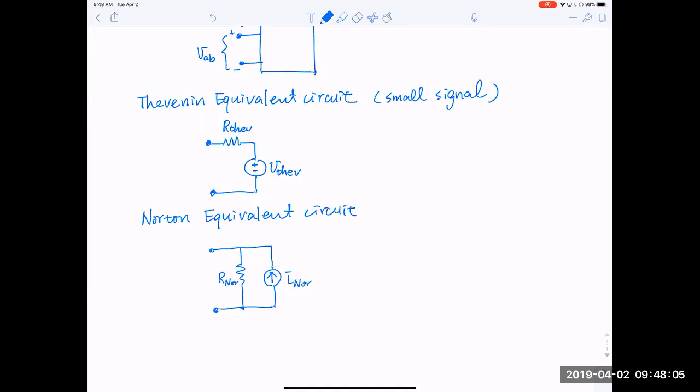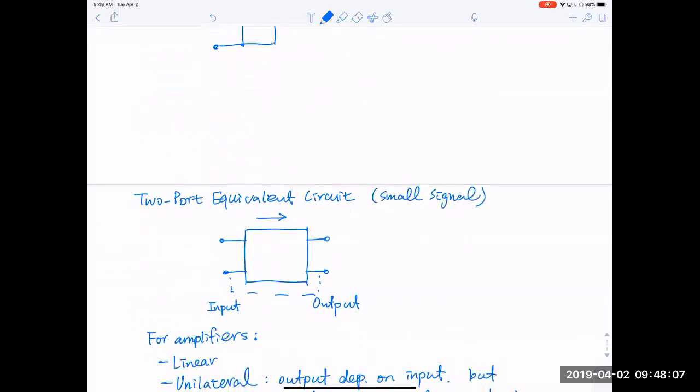The two-port circuit that we are going to talk about includes a transistor embedded in there, includes all the biasing resistors and every circuit that's needed to operate that circuit. The whole thing inside the black box will be reduced to this two-port circuit. It will become clear as you see some examples. So it's not possible to do that with just a voltage source.